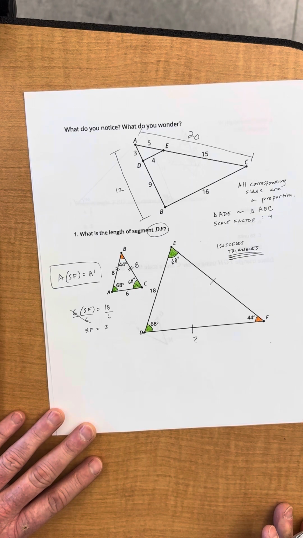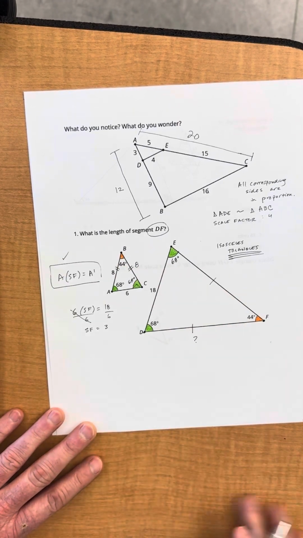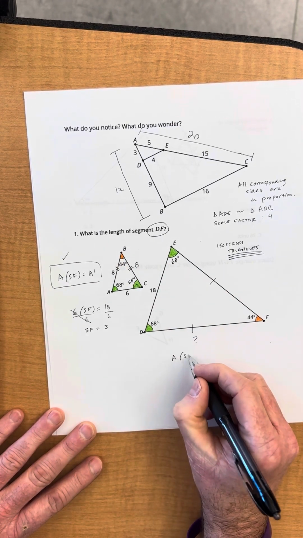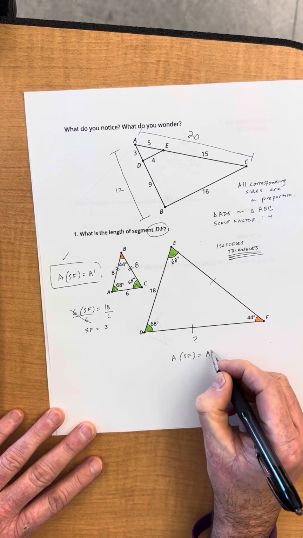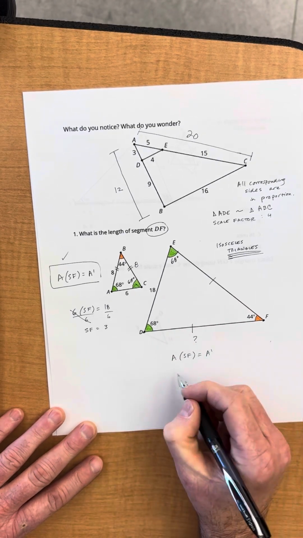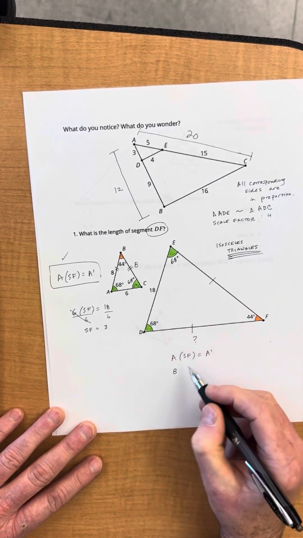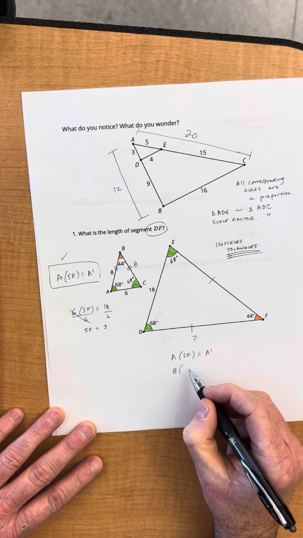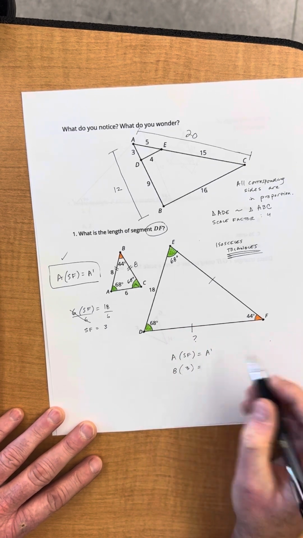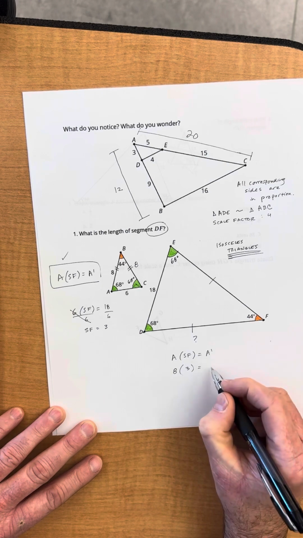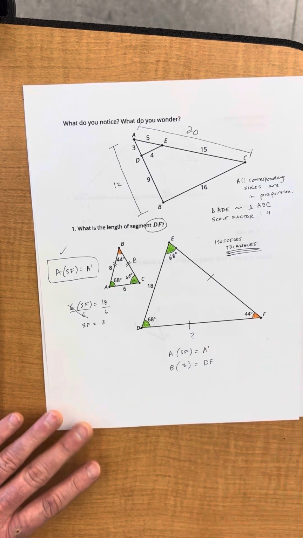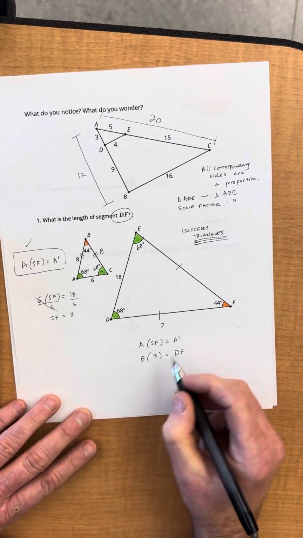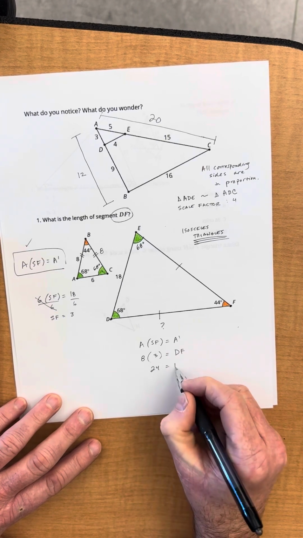But you just use this formula again. So A times scale factor equals A prime. So for this one, we know our original is 8, our scale factor is 3. That's going to equal DF. So what is 8 times 3? It's 24.